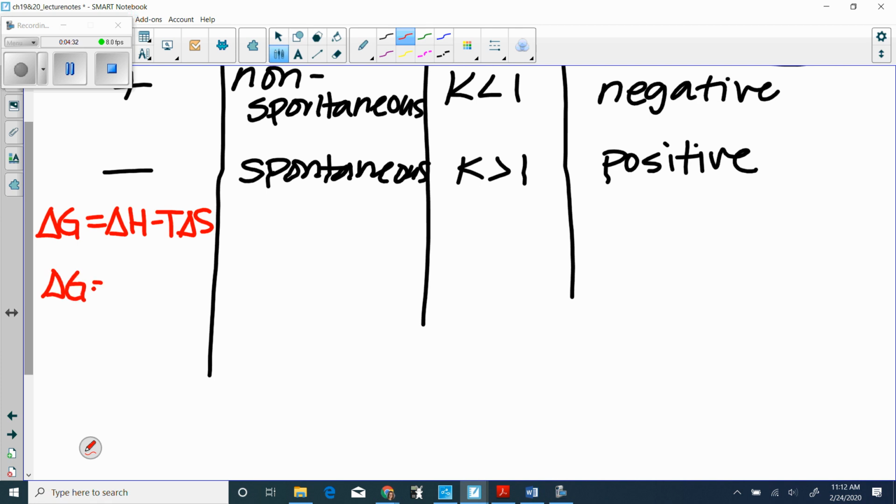We also learned negative RT ln K. So that is when you are either solving for K or you have K. And today we're going to do negative n capital F E.